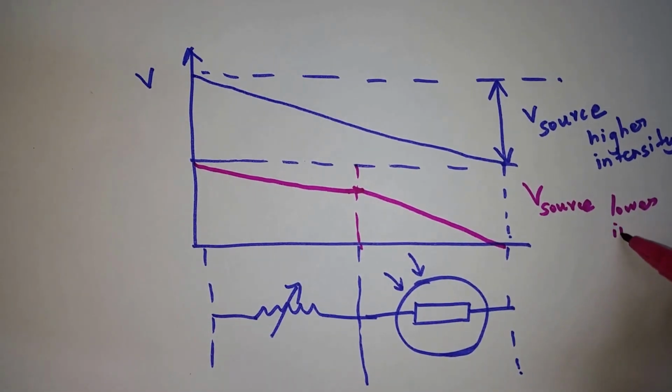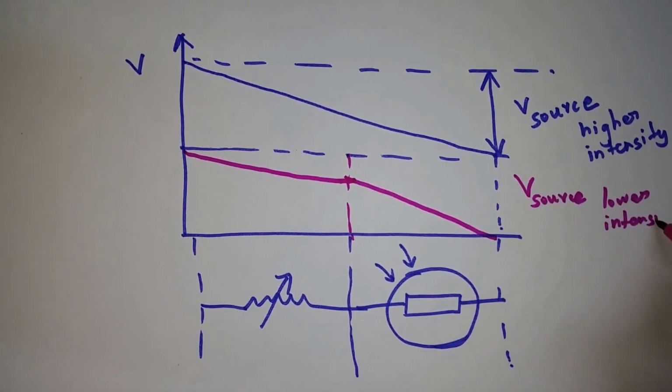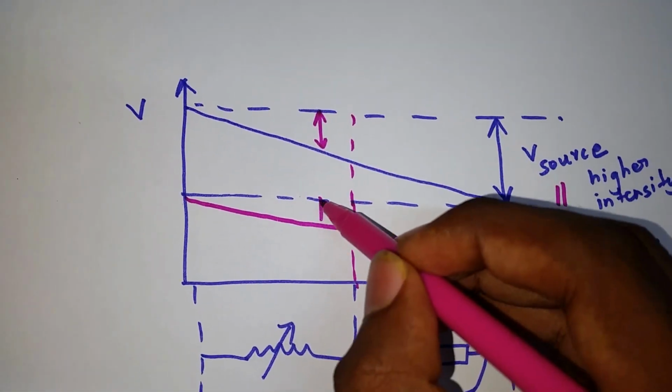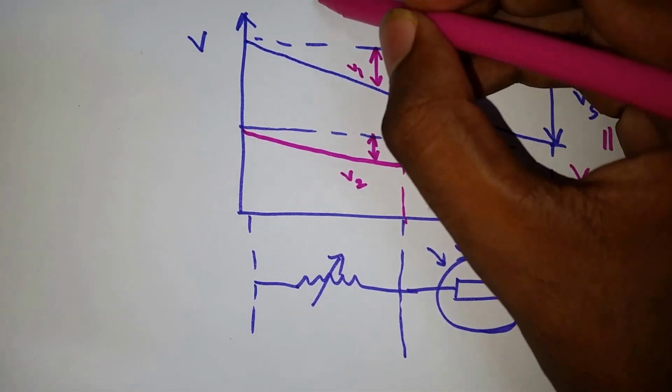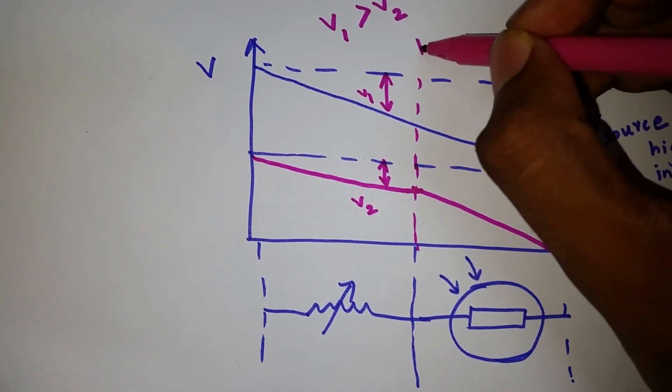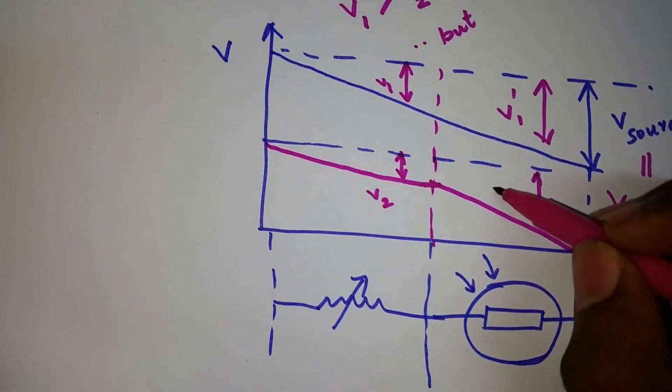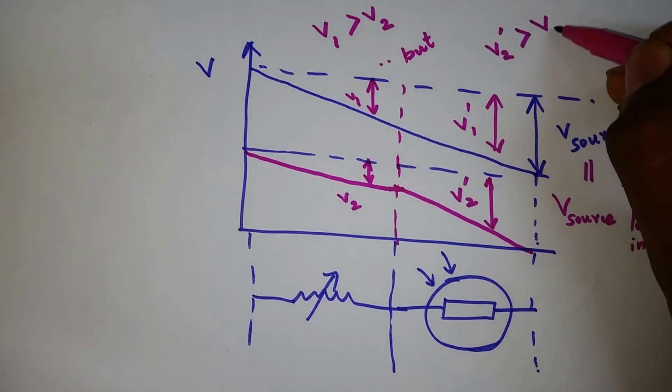So the overall tilt remains equal to the voltage source. This can be easily verified by measuring the values of V2, V1, where V1 is greater than V2, and V2 dash and V1 dash, where V2 dash is greater than V1 dash.